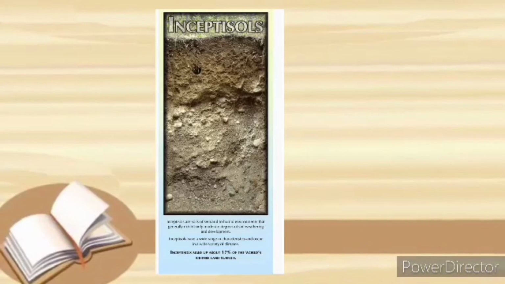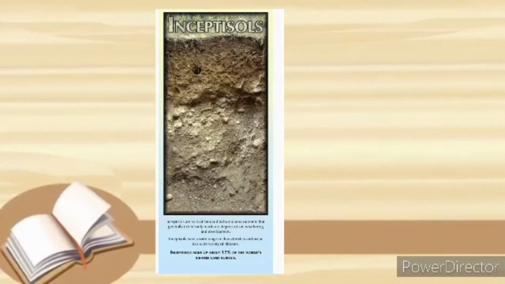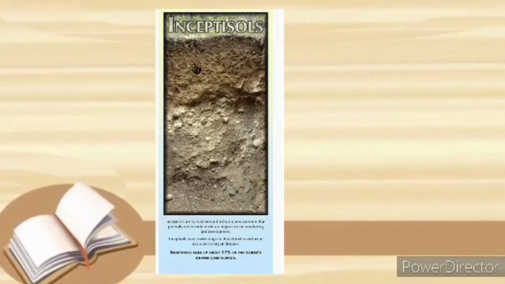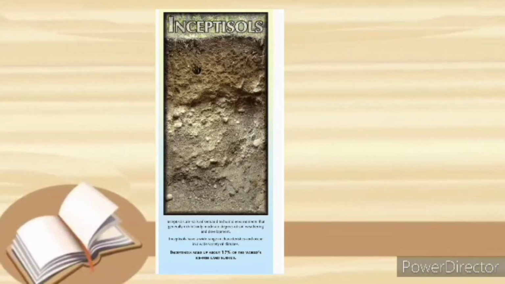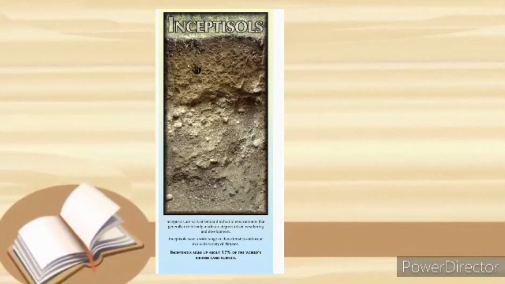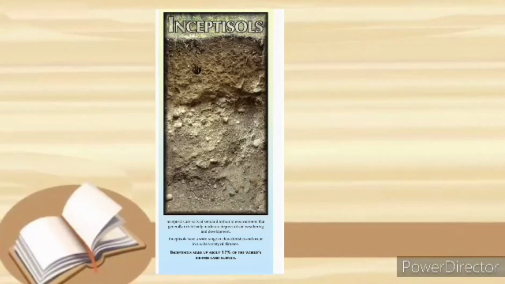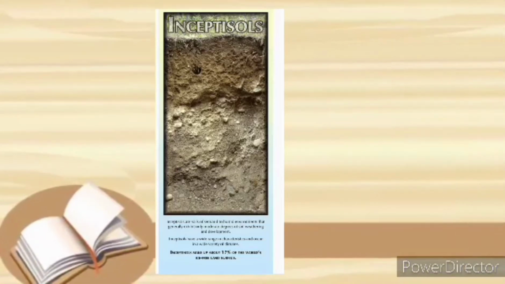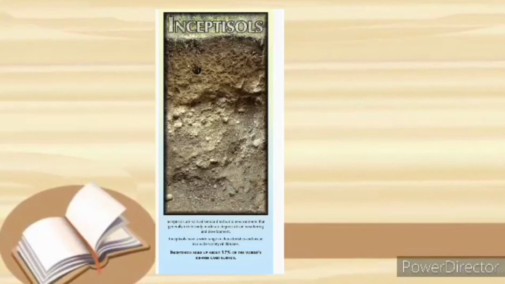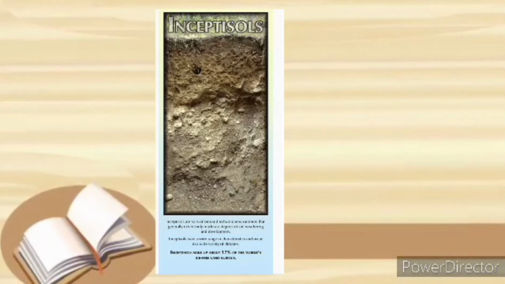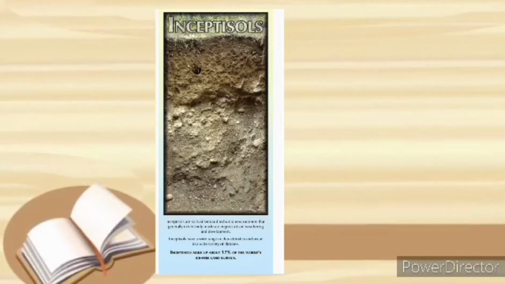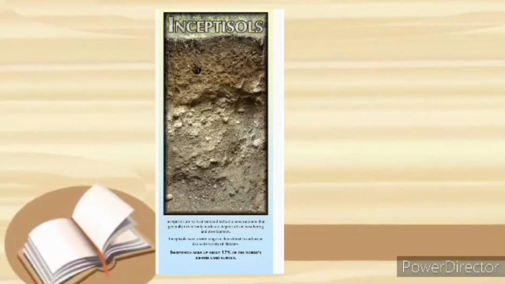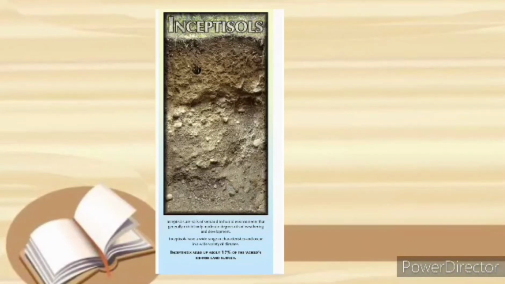Again, as you can see in the image above, inceptisols are soils of semi-arid to humid environments. When we say semi-arid, it is characterized by light rainfall, while humid environments are characterized by perceptible moisture, and they generally exhibit only moderate degrees of soil weathering and development.